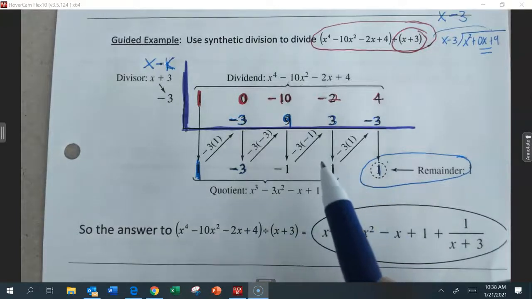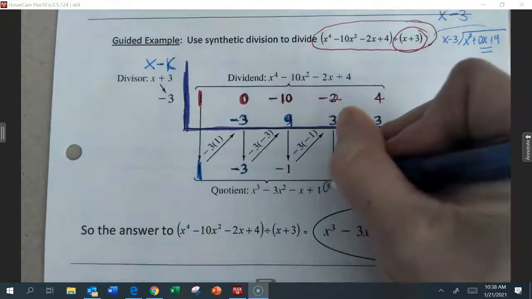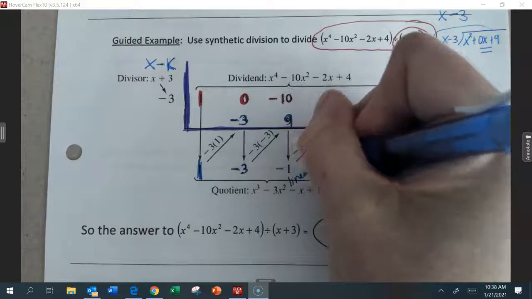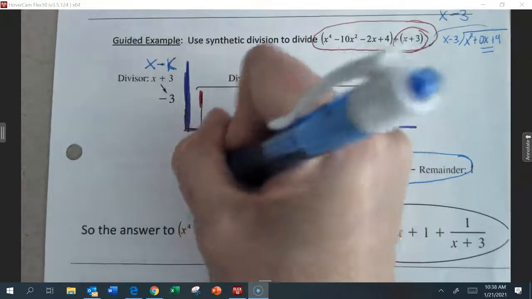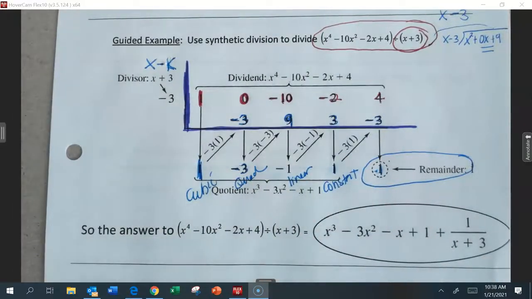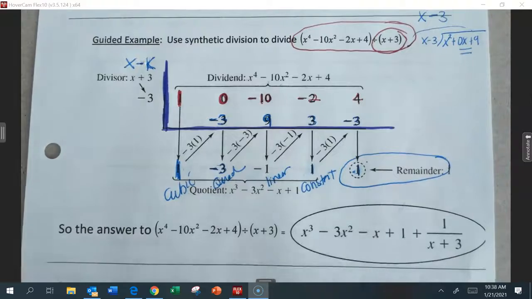You have to write it like a polynomial. So if this is the remainder and you go backwards, a polynomial is always the constant, the linear term, the quadratic term, the cubic term, the power of 4 term. I could keep going backwards, right? So here's how I wrote my final answer. You ready?